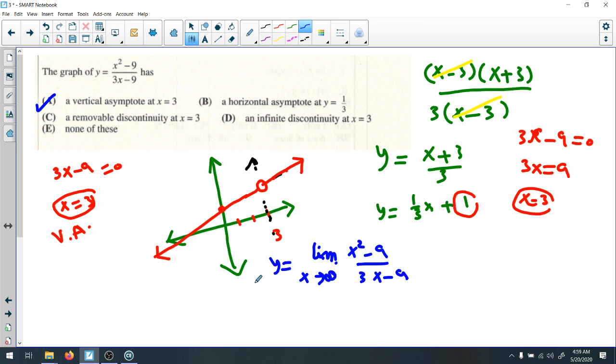Horizontal asymptote is y equals something. What is this something? It's the limit of the function when x goes to infinity.